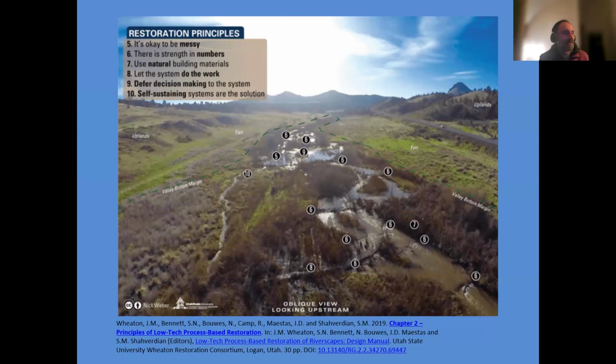We need the riparian vegetation. And I would say in many cases, it means that we need beavers to re-inhabit these sites because they really are the engineers that maintain these sites, maintain the complexity, maintain the structure. So that's an important aspect or principle.